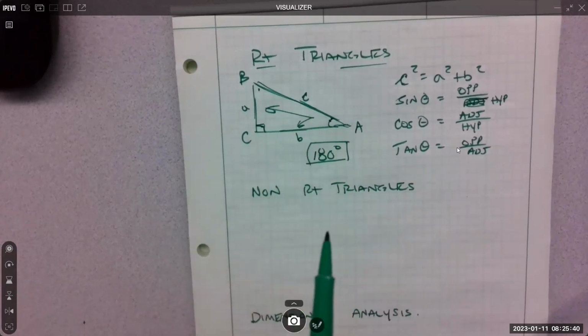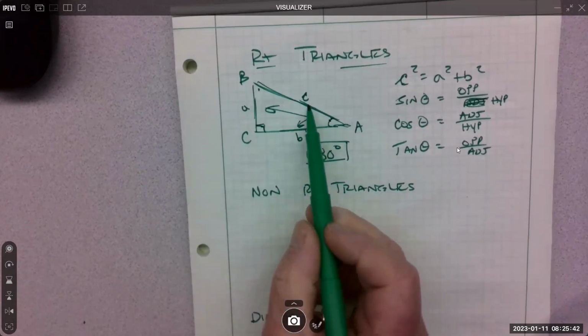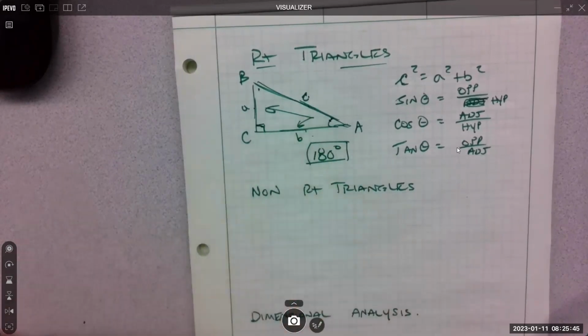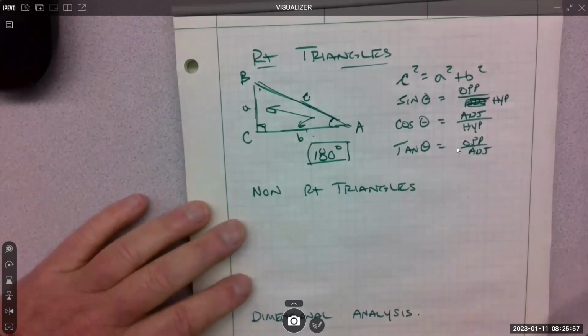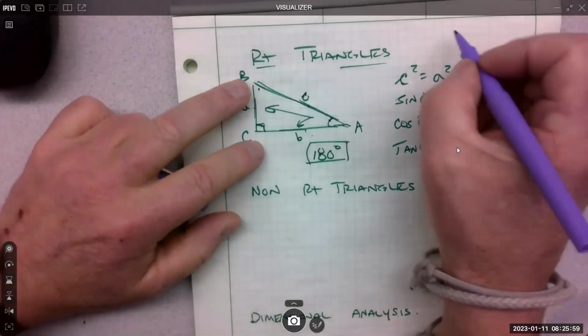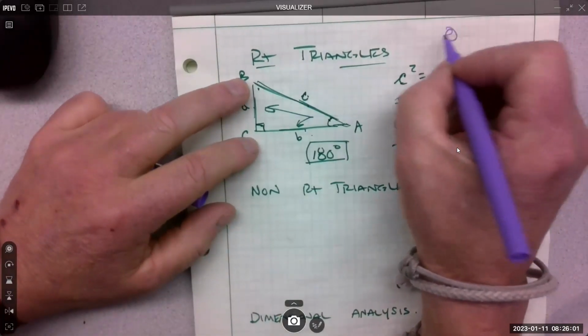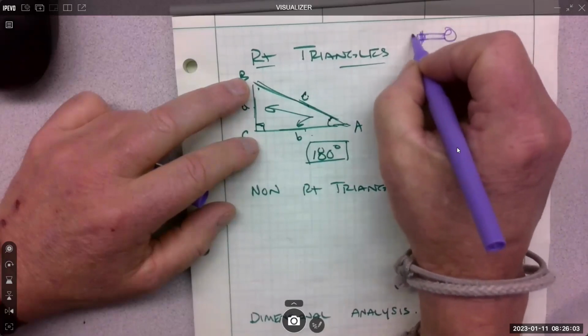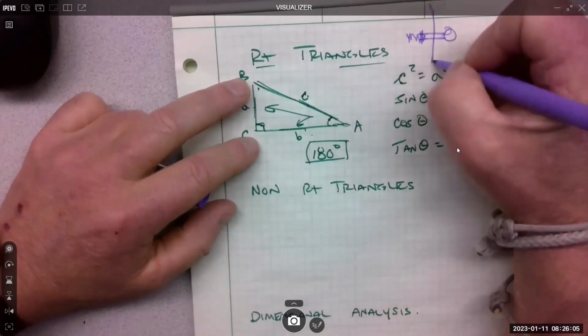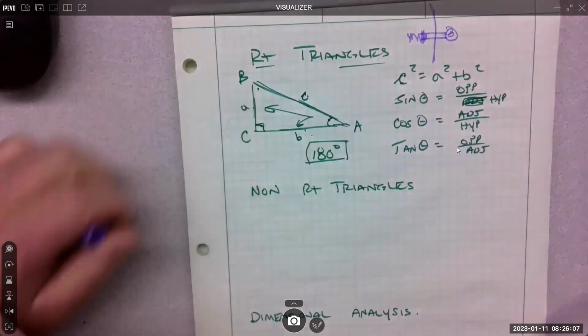Super important for us because these are going to not be distances in the future. They're going to be vectors. They're going to be forces. So when we have forces going in different directions, we have to figure out what the effect is of that, right? If I have a force going, let's say I have an eye bolt stuck into a wall, right?